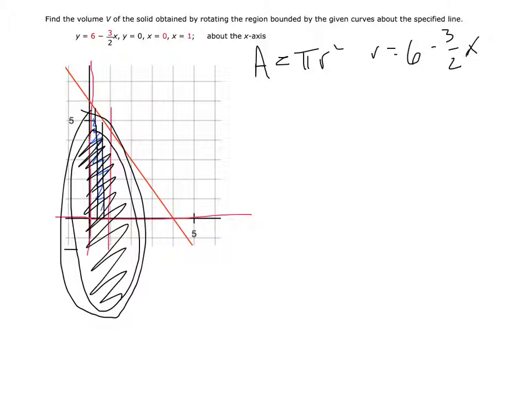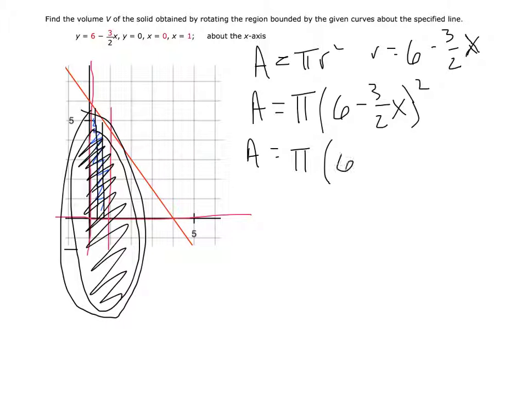In order to find the radius of this thing, it'll just be whatever y value we have. So the distance between the x-axis and this line, 6 minus 3/2 x. So the area then will be pi times the square of that radius. And we could simplify that a bit by multiplying that out.